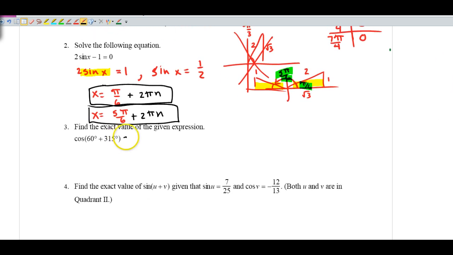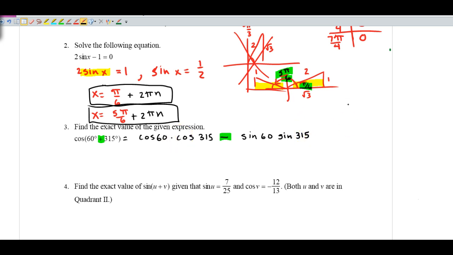This is the cosine sum formula, so it's cosine 60 times cosine 315 minus, because the signs change, sine 60 times sine 315. So we need to find these values.